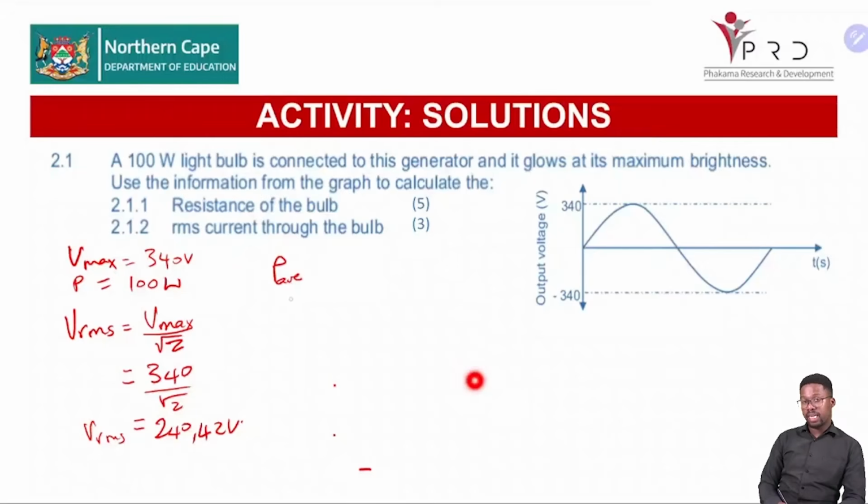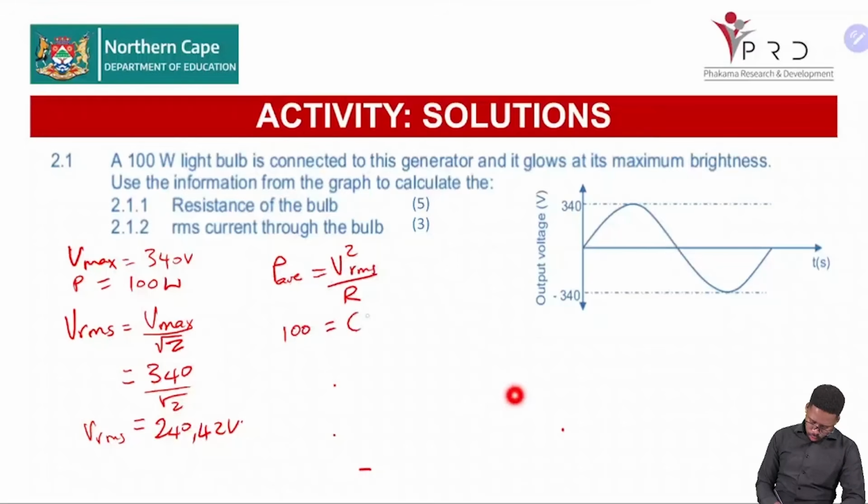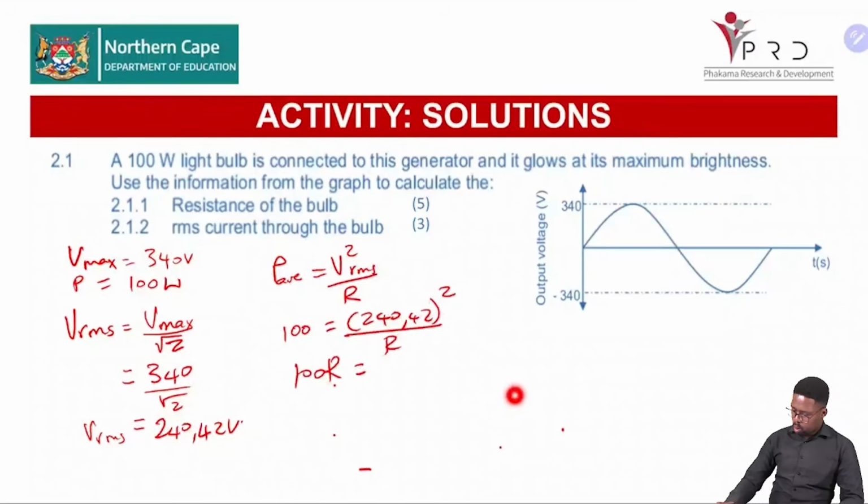Then once you have the VRMS, you can say power average. If this average is not there, you lose the mark. Equals V squared RMS. If this RMS is not there, you lose the mark, over R. What is our power average? We're given it's 100, equals 240.42 squared over R. So 100 R equals 240.42 squared.